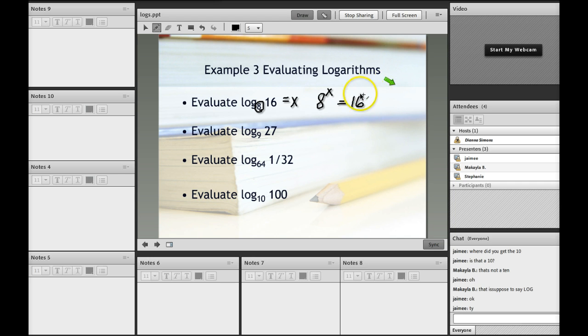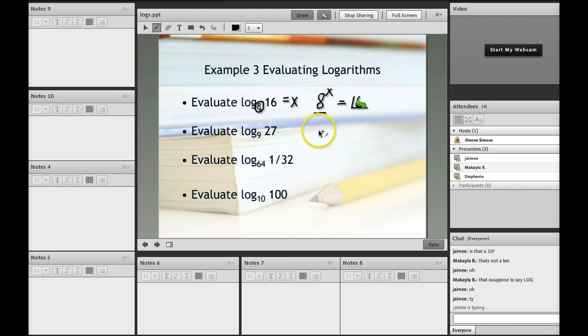Okay, so in order to do this, this really just jumps right in, doesn't it? We need to get the same base on both sides. Okay, so what is the same base? What number can I use for both of these?